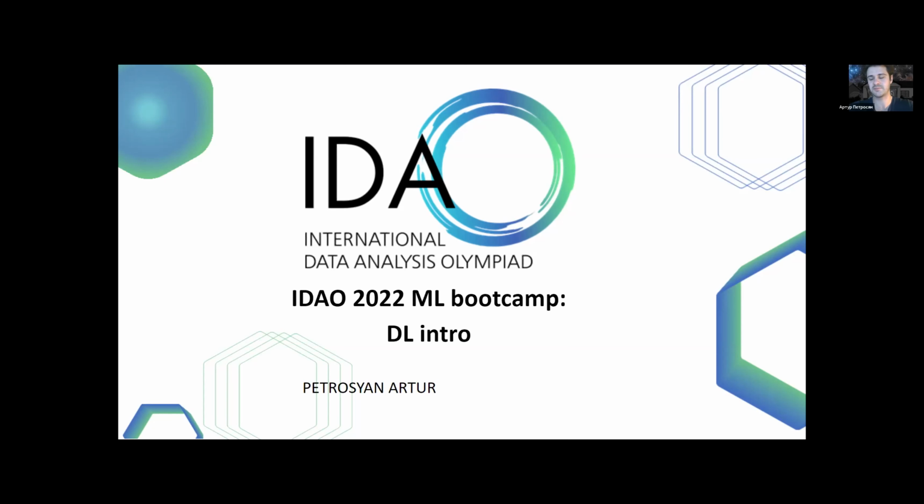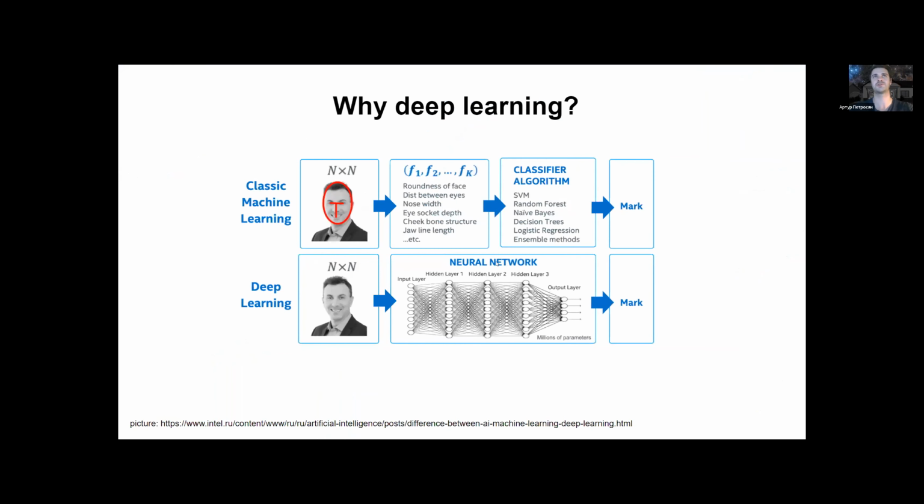We discuss its applications, some basic properties, and finally we implement a convolutional neural network in PyTorch for a simple image classification problem. But first of all, let's start with a general idea why we need deep learning.